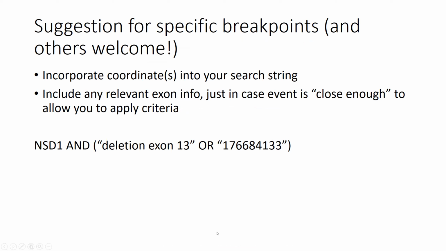So for example, let's say we have a deletion in NSD1 that causes Sotos syndrome. And we know at least one of our breakpoints, let's say, and it encompasses exon 13. Maybe we don't know the other breakpoint. I would include both deletion exon 13 as well as the coordinate for the breakpoint, just to see what you get, to see if there's anything helpful that pops up.